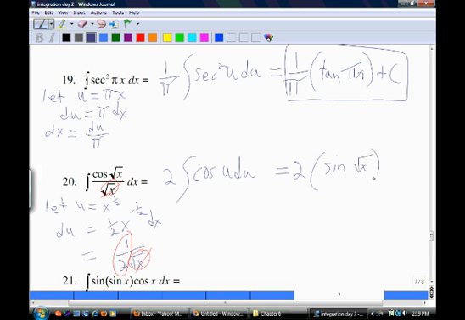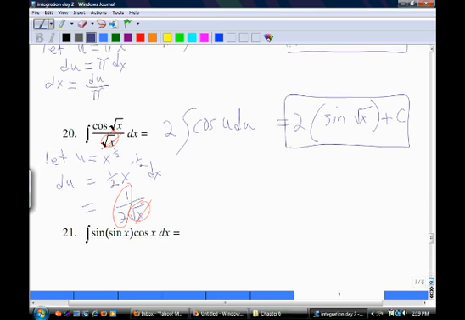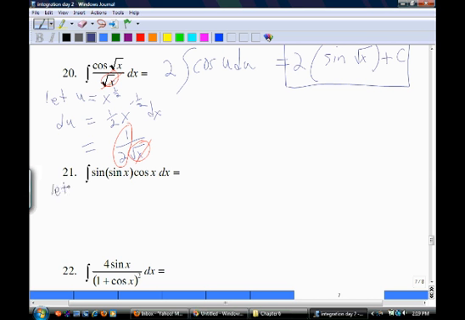Number 21 here, again, always, or most of the time, let u equal what's kind of on the inside of the brackets, or kind of what's the more complex function. So let u equal sine x. So du is going to be cos x, and you can kind of see right away, oh, okay, there's the cos x, matches with that cos x. Those are the things that cancel. We got the dx there.